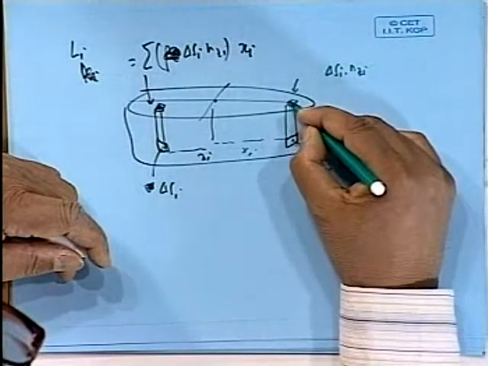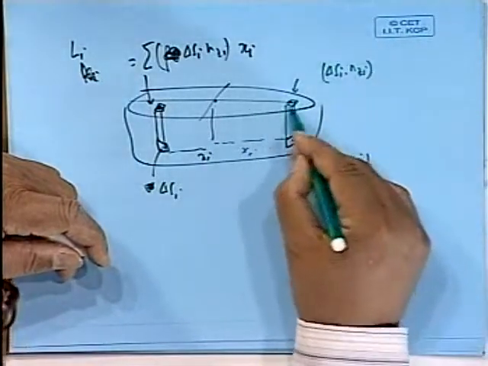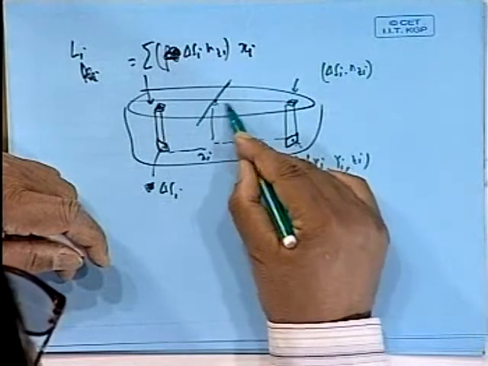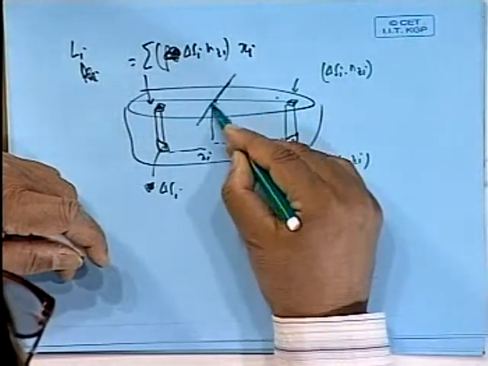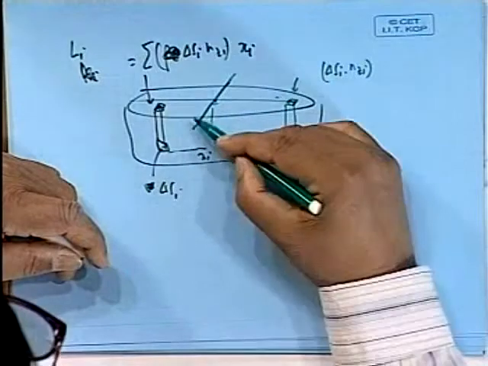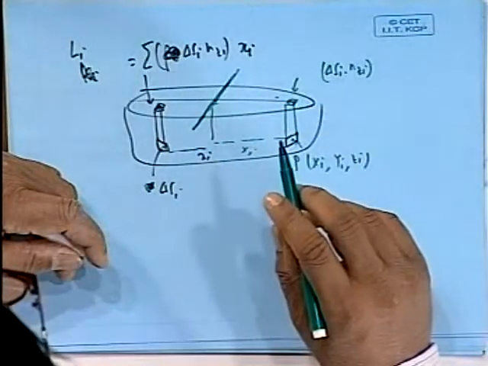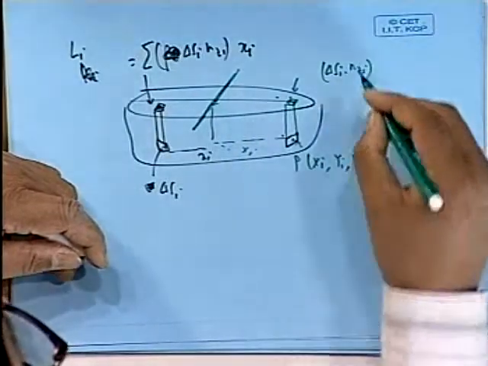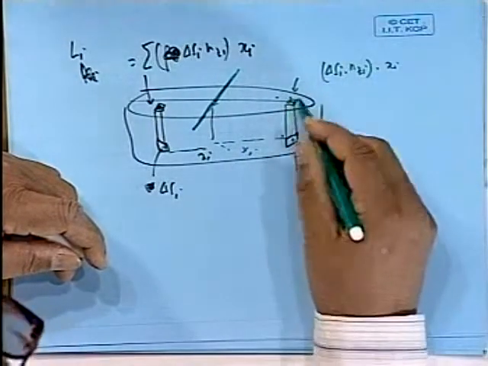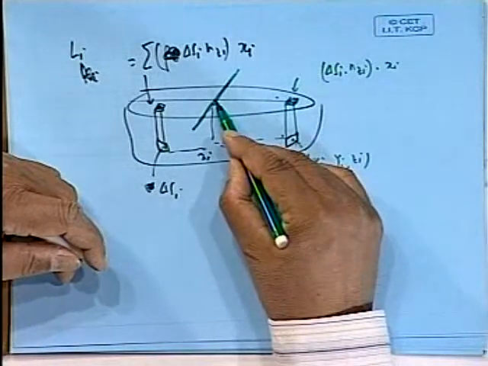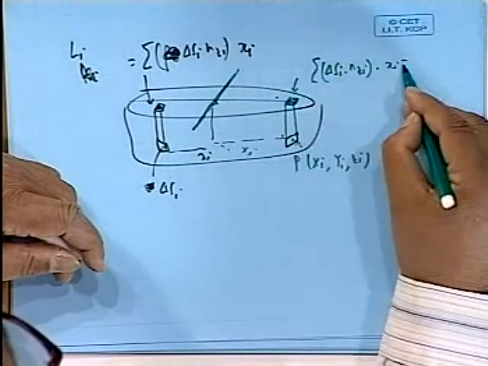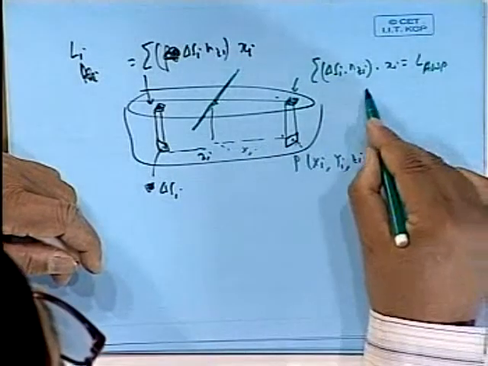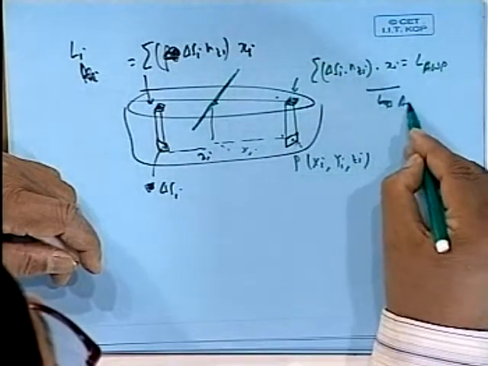This is the hatched area. Now what is the distance of that from the x-axis or from the y-axis? If I want to take moment about this line, what is the distance of this from here? It is xi. So multiply by xi. That will be the moment of this about this line. Integrate them, you get the total longitudinal moment of the water plane area. Divide by water plane area, you get LCF.